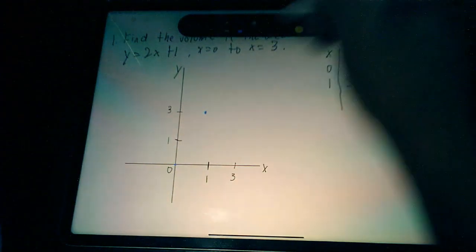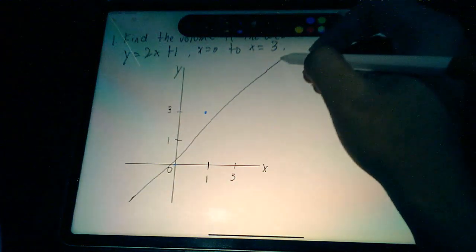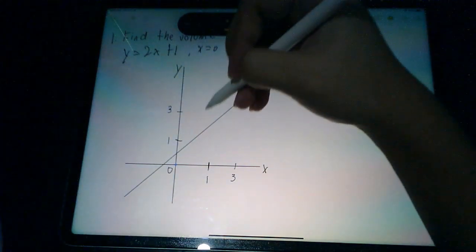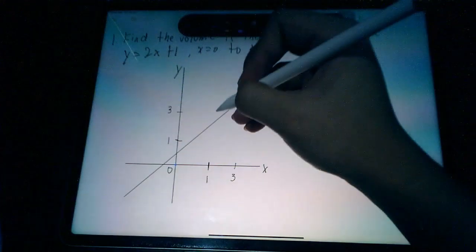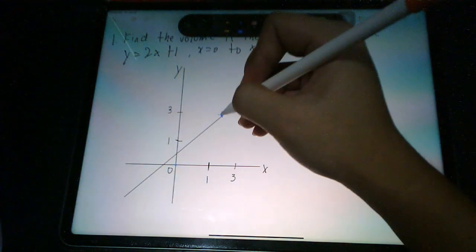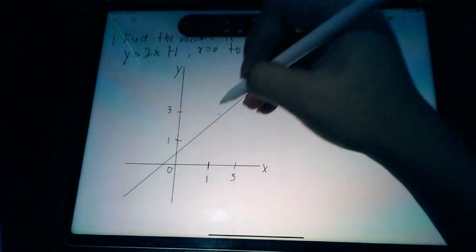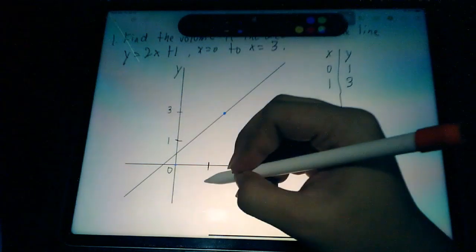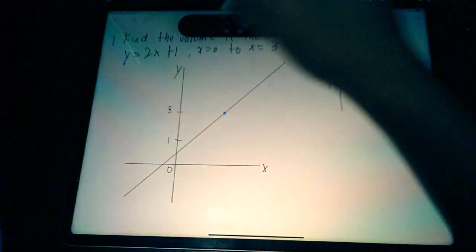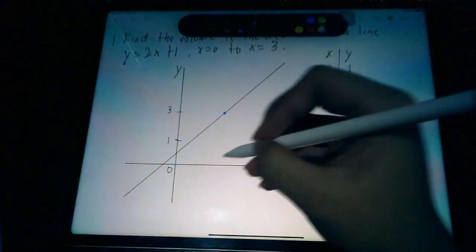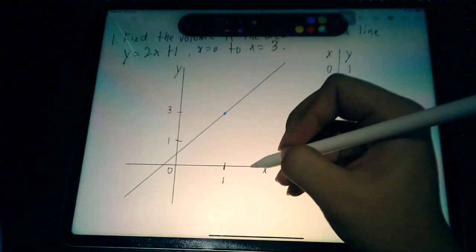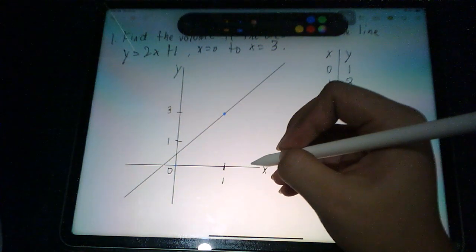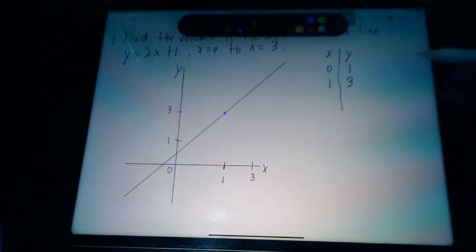Let's move this to make it clearer. This is 1 and this is 3.